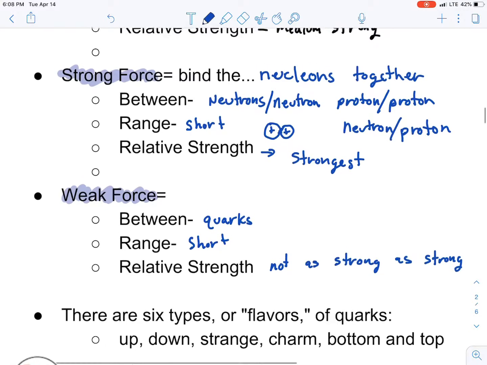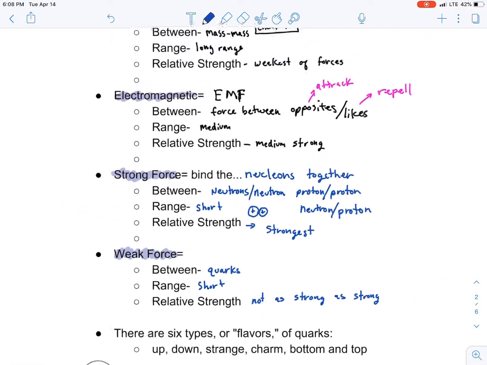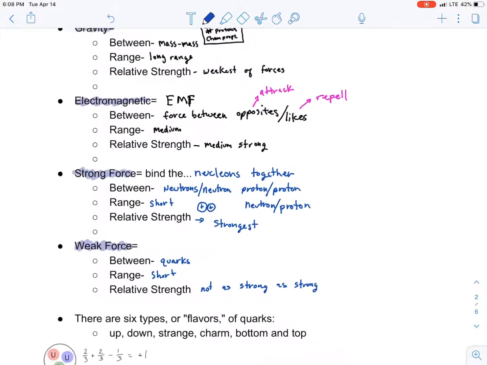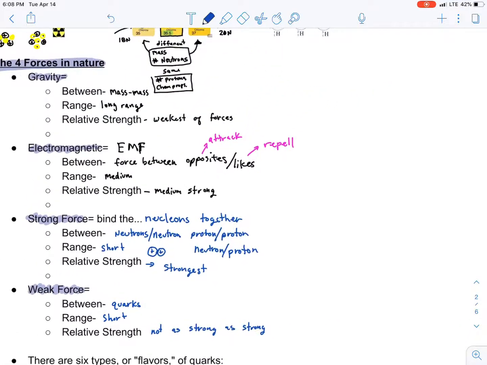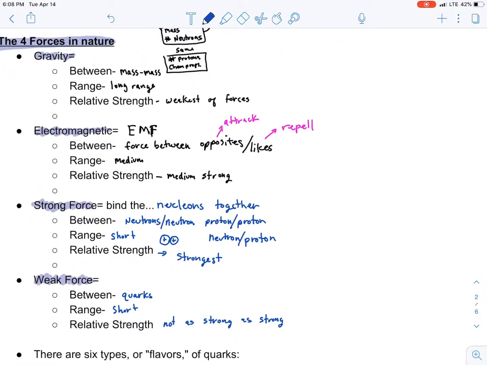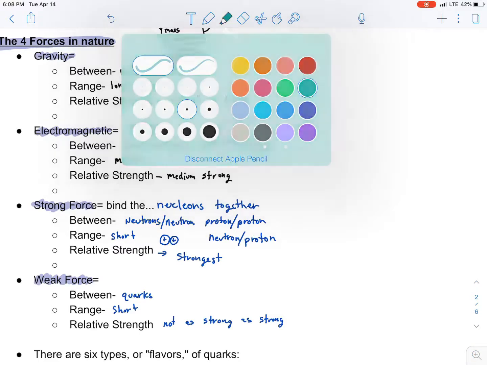Now, let's look at these forces in the nucleus. Of course, the weak force is in the nucleus also, right? And the strong force, and the electromagnetic force, and all of them are in the nucleus. Let's draw some nucleus here.